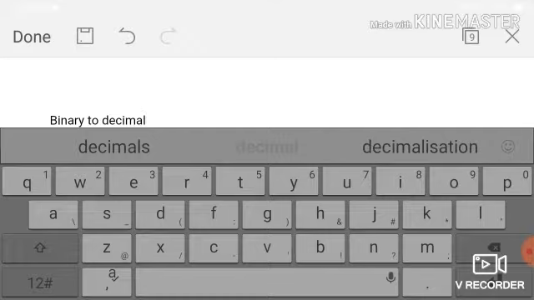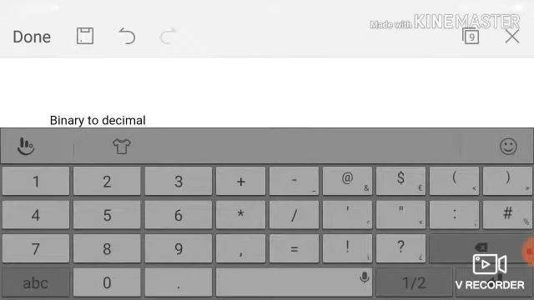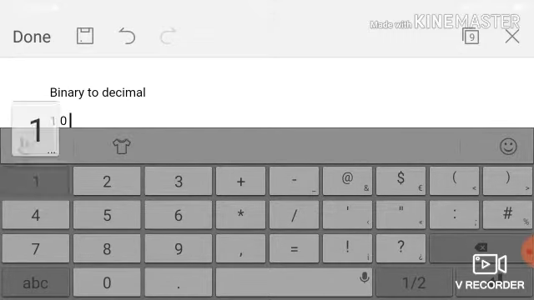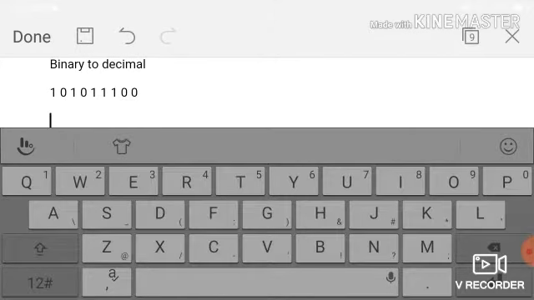So we're going to use 1 0 1 0 1 1 1 0 0. So we're going to use multiplication. So this is binary.